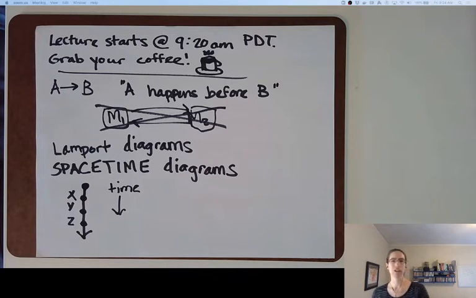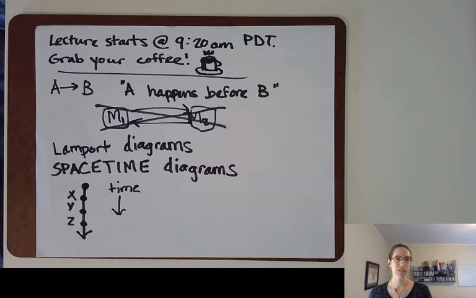Could Z have caused X? No, Z couldn't have caused X. But do we know for sure that X caused Z? No, we don't know for sure that X caused Z.